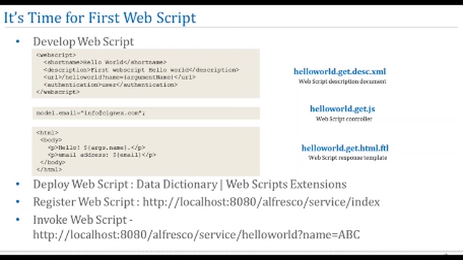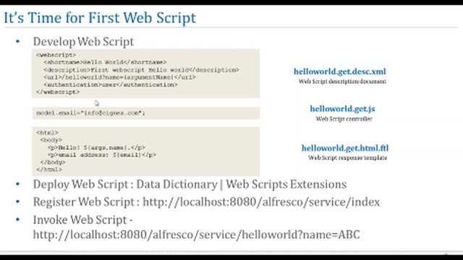Now, once we are done with the development and deployment of the web script, and we have registered the web script, the next thing is to access the web script. In order to access the web script, we'll need to hit this particular URL, which is HTTP, your host name or IP address, alfresco/service, and the later part that you can see over here, helloworld?name=ABC.